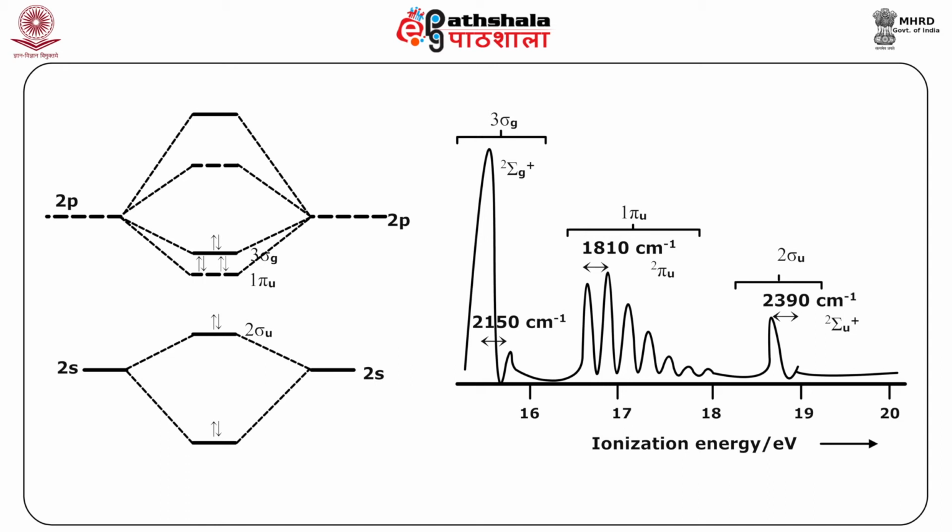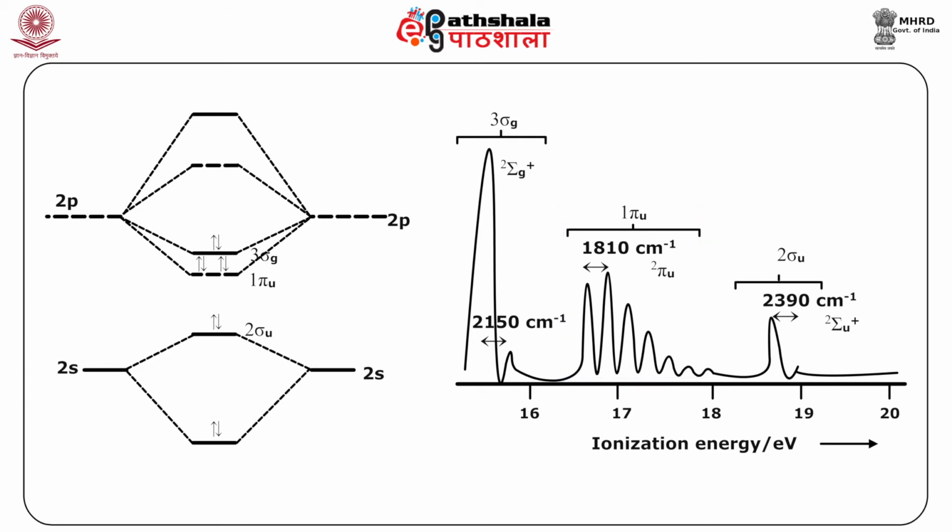This is also seen from the equilibrium bond length of the ion, which increases slightly to 0.1116 nanometer from 0.1098 nanometer in the molecule. Now, you contrast this with a band at 16.69 electron volt, which shows considerable fine vibrational structure and a significantly decreased vibrational spacing of 1810 cm⁻¹.